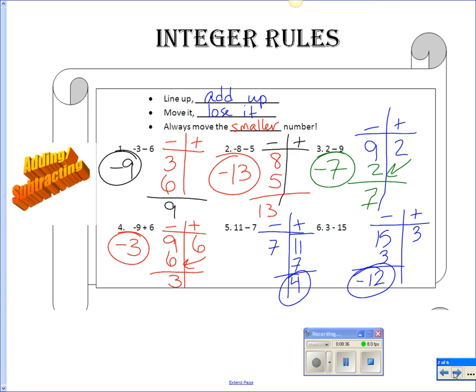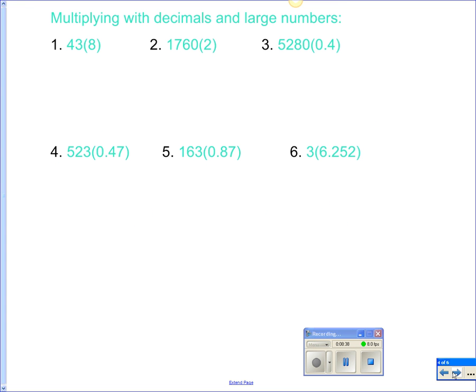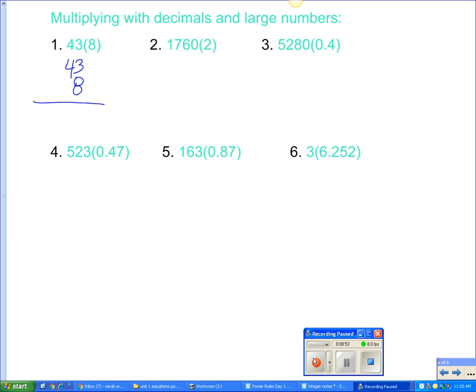Now we're going to do multiplication a little bit longer. So parentheses mean to multiply. Parentheses mean to multiply. So we're going to do 43 times 8. All right, so let's start here. 3 times 8.